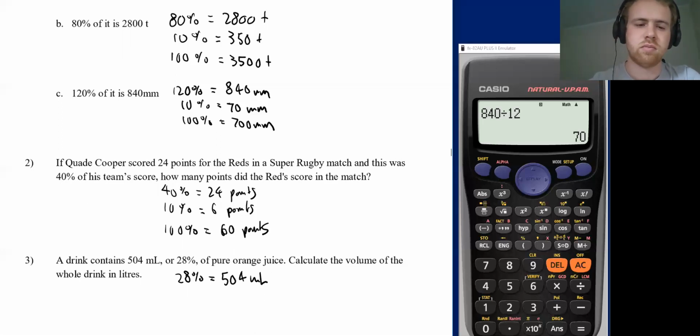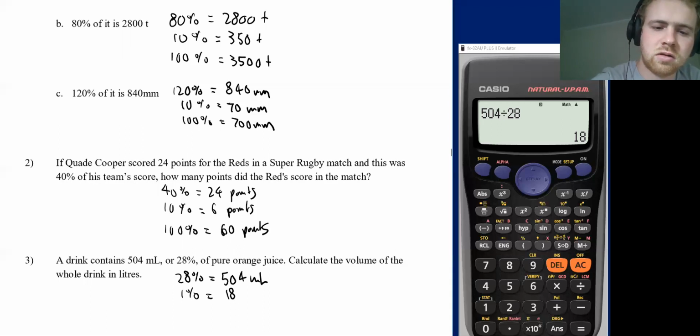So then 1%, we're going to divide our 504 by 28. 504 divided by 28 equals 18. That means 100% equals 1800 mils, but we want it in liters, so it becomes 1.8 liters.